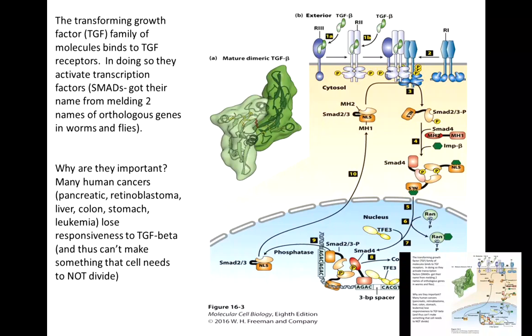The SMADs got their name from two different names of similar genes found in worms and flies. So it's not an acronym, like TGF is transforming growth factor. There's no meaning to SMAD. It's two different gene names smashed together to make this word SMAD.